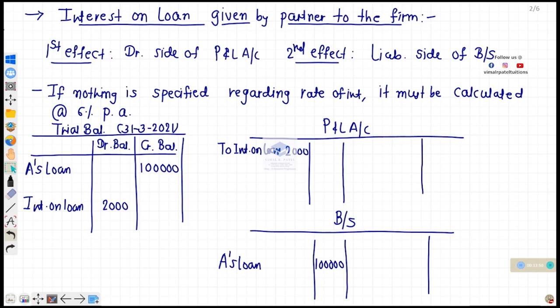If nothing is specified, it has to be calculated at 6%. So 6% of 1 lakh, that will be 6,000. Then the total amount of interest will be 6,000. Out of that 2,000 has already been given. So the outstanding interest amount will be 4,000. Second effect will be on the liability side.